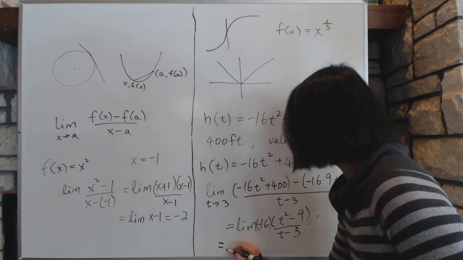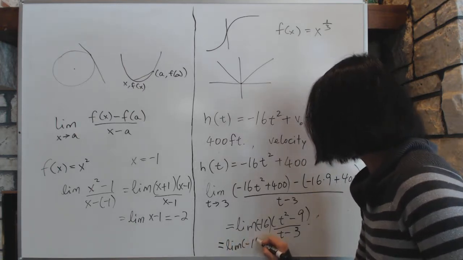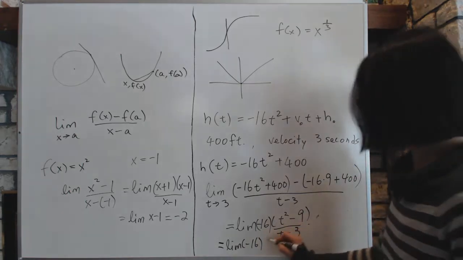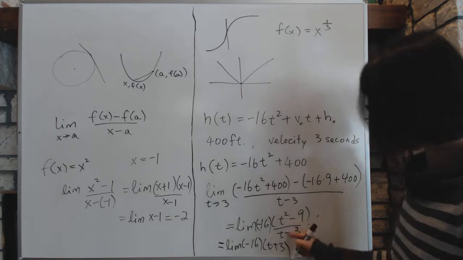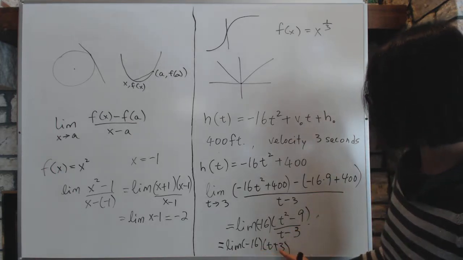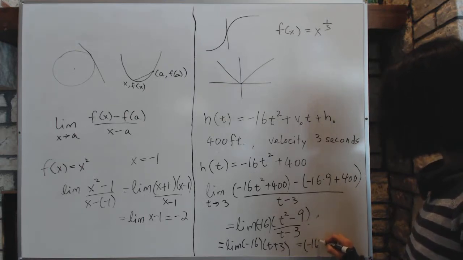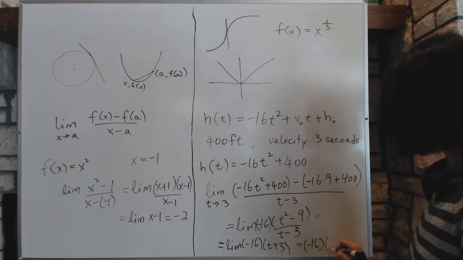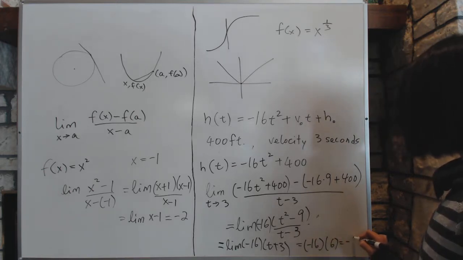So it equals the limit of minus 16 times t plus 3, because the t minus 3 got canceled out. And then as t approaches 3, it is equal to negative 16 times 6, which is equal to negative 96.